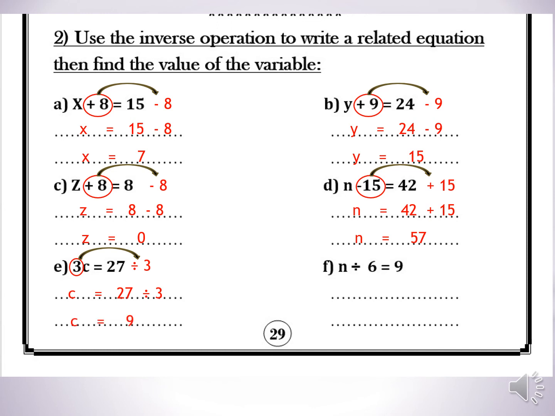In letter F, I have n divided 6 equals 9. So circle the divided 6, send it to the other side with the opposite sign. The opposite of the division is multiplication, so it will be times 6. So n equals 9 times 6, so n equals 54.